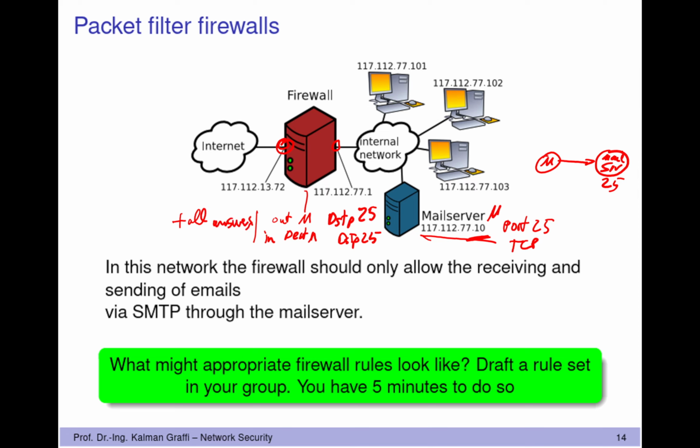If you just specify to allow outgoing messages from M with destination port 25 to any kind of server, that's fine. But if a message comes back, you somehow also need to accept that.